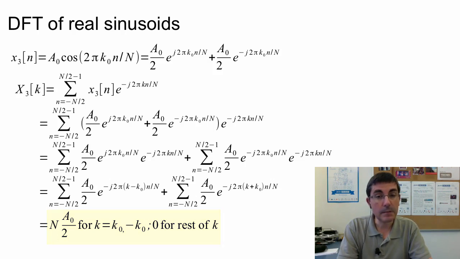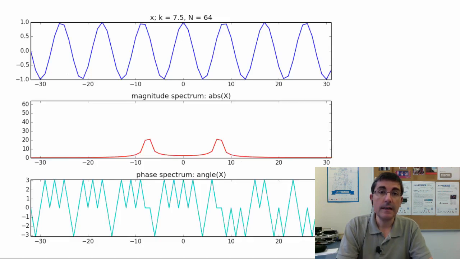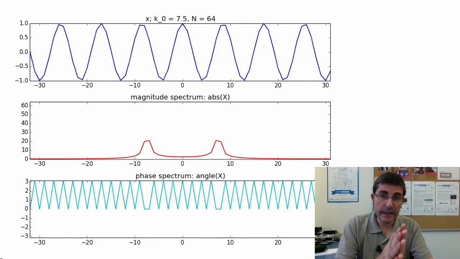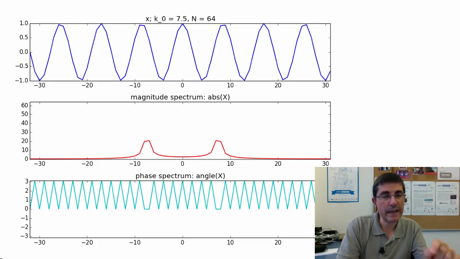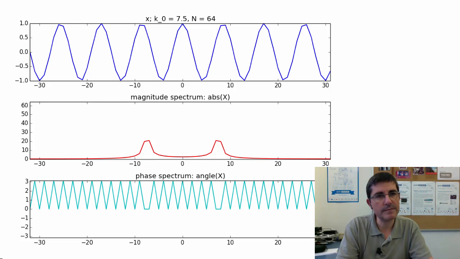And let's see a plot for it. This shows the output of calculating the DFT of a real sinusoid, but we have complicated it a little bit more, and we have not expressed it for k equal to an integer value, but again for k being a floating point value, in this case 7.5.